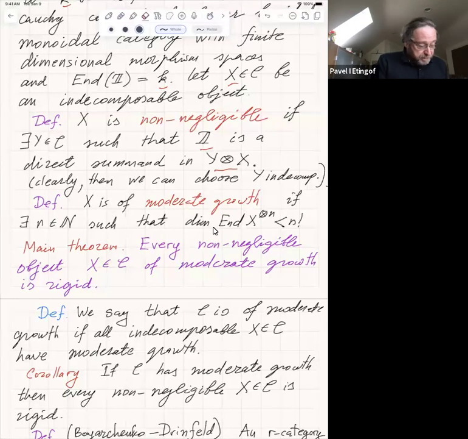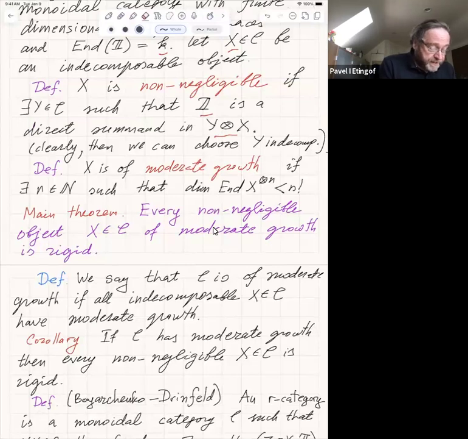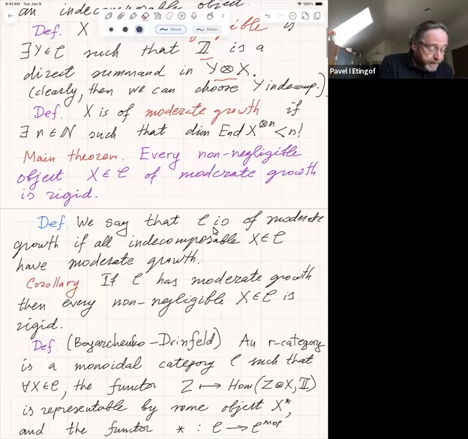Let me first discuss implications of this theorem, then I will discuss the proof, then some counterexamples showing that conditions cannot be removed, and then some more applications. So let's say that C is of moderate growth if all indecomposable objects in C have moderate growth. The corollary of the main theorem says that if C has moderate growth, then every non-negligible object in C is rigid.